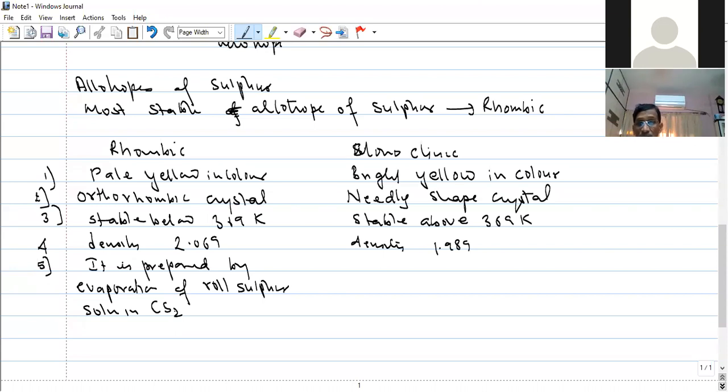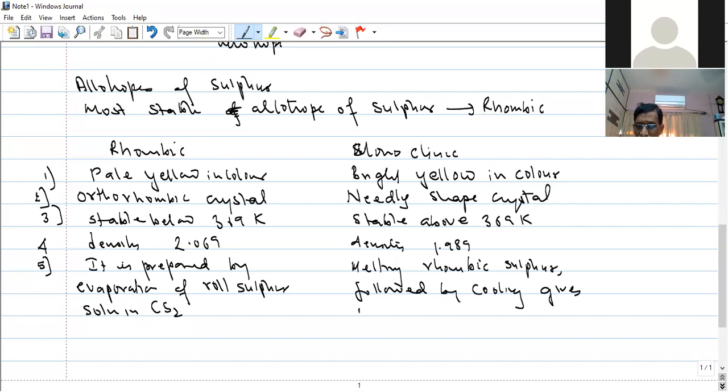Carbon disulfide is a solvent, and that solution on evaporation will give you rhombic sulfur, whereas monoclinic is obtained by melting rhombic sulfur followed by cooling, which gives needle-shaped crystals of monoclinic sulfur.